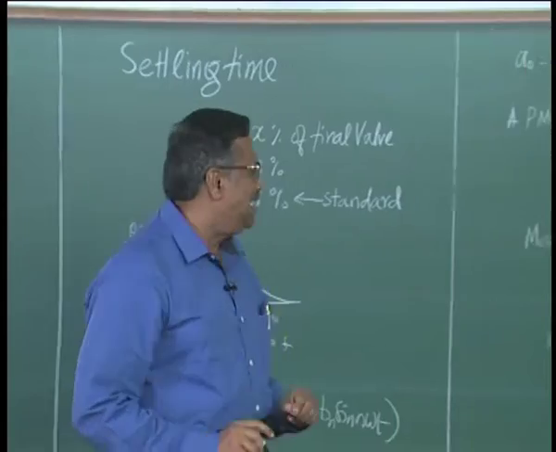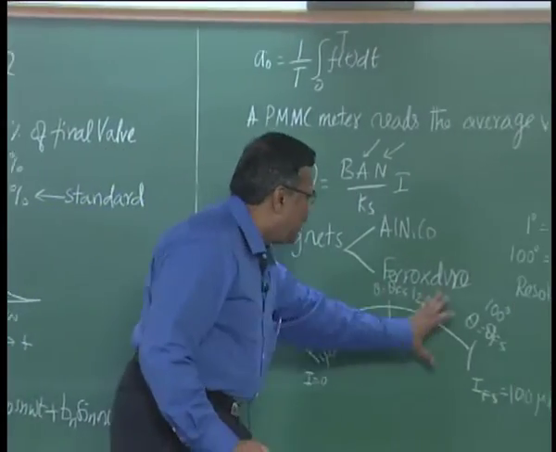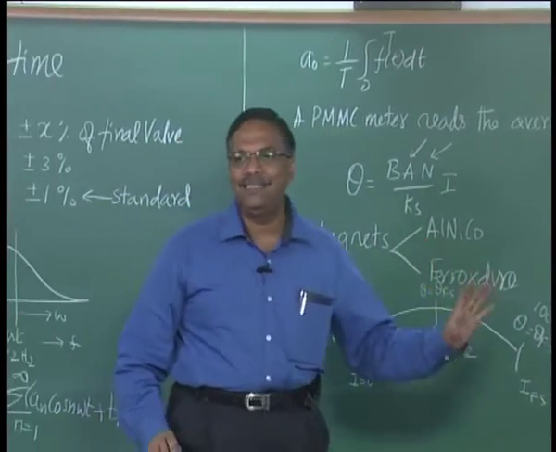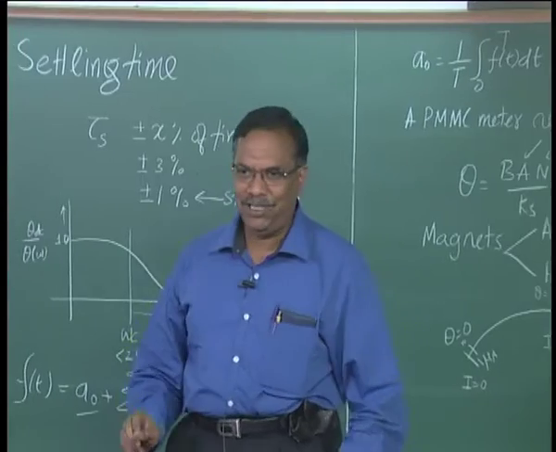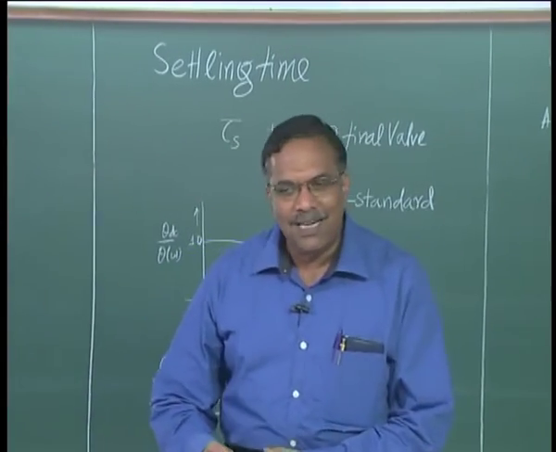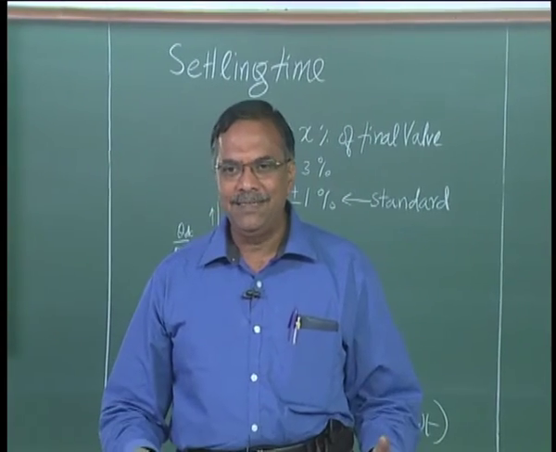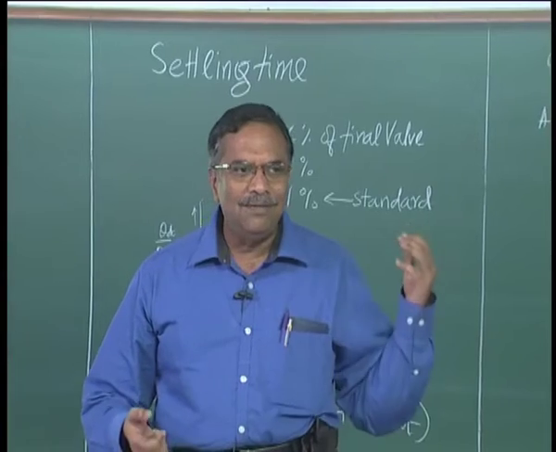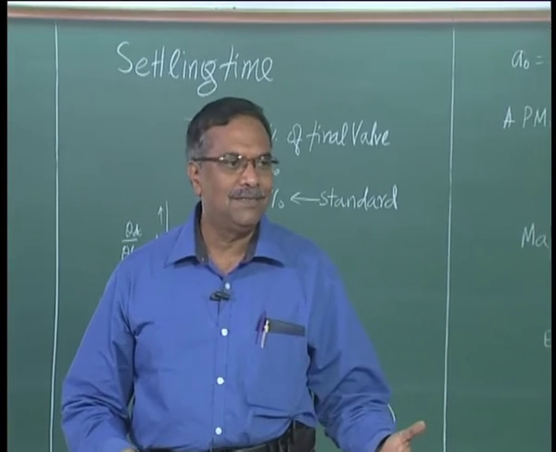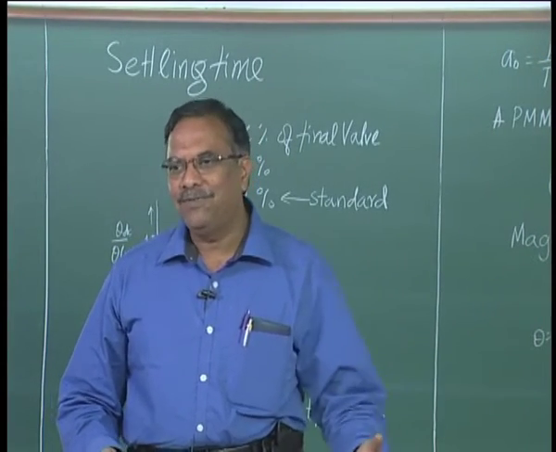Now when we design, let us say this particular design, I put 100 microamperes, 100 degrees, I have put the scale, I have put the pointer, everything, and when the manufacturer starts making these meters, he will be using different permanent magnets from the production line for different meters.